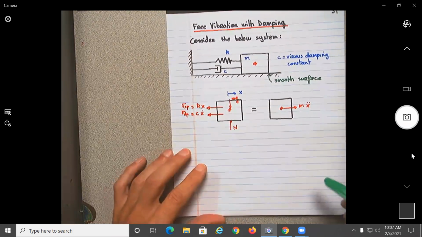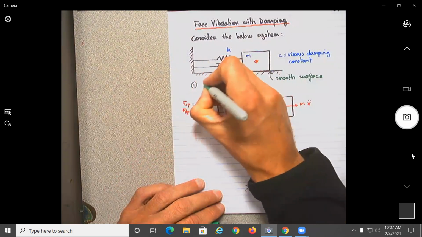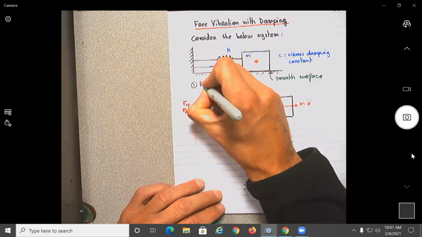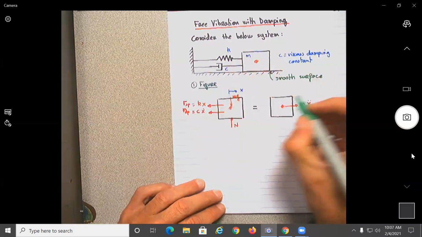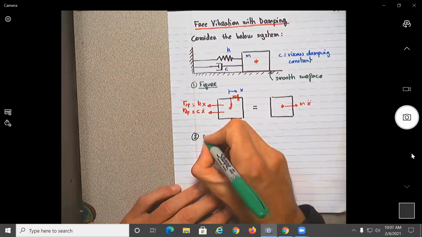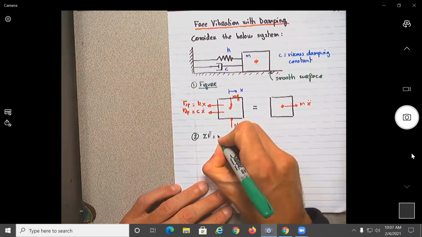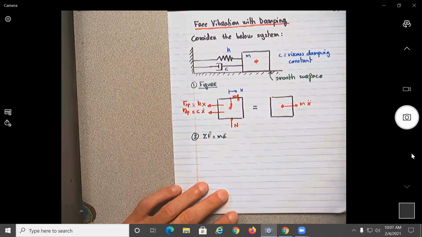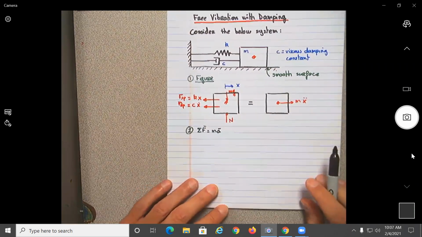So step one, we draw the figure, the free body diagram, call it whatever you want. Step two is to write down the kinetic equation, which in our case is the summation of forces equals ma.